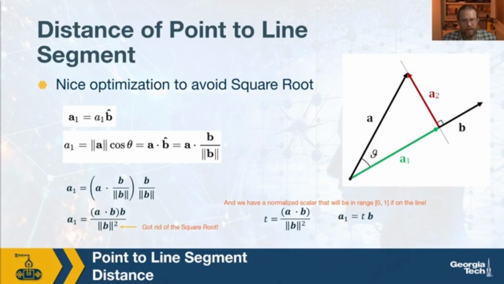Here we've got a scenario where we've got vector B and vector A, and we're performing a projection of A onto B. That projected vector is going to be a scalar A1 times B normalized, so a unit vector form of B. Normalizing a vector just means dividing it by its magnitude.